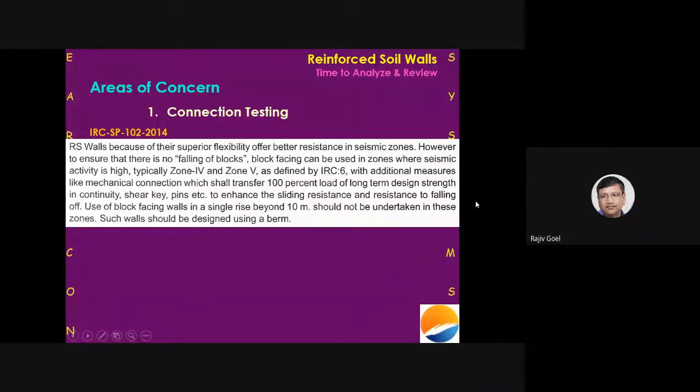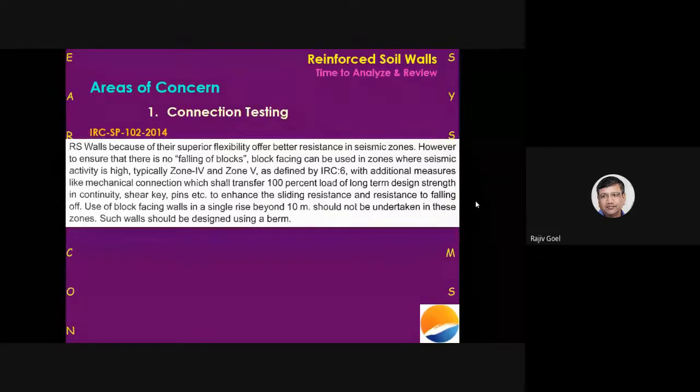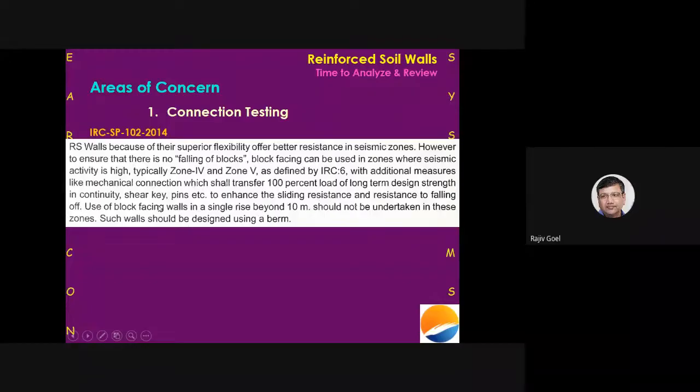There is one more point regarding connection testing, which is given in our codes. That issue is with respect to the use of block fascia. Our new IRC SP 102 says that we should not be using friction connections in seismic zone 4 and 5.